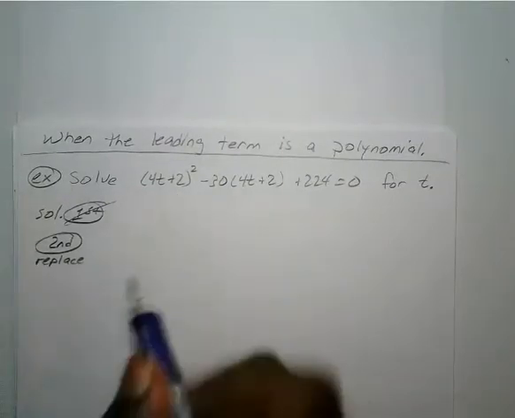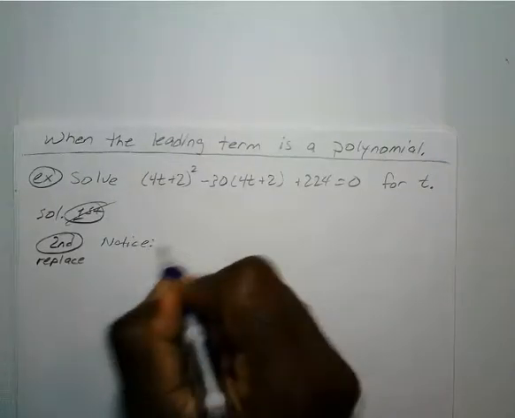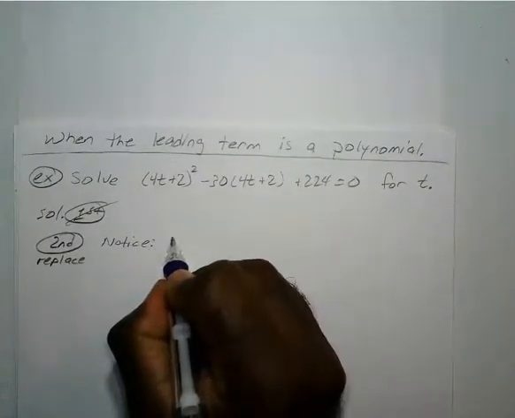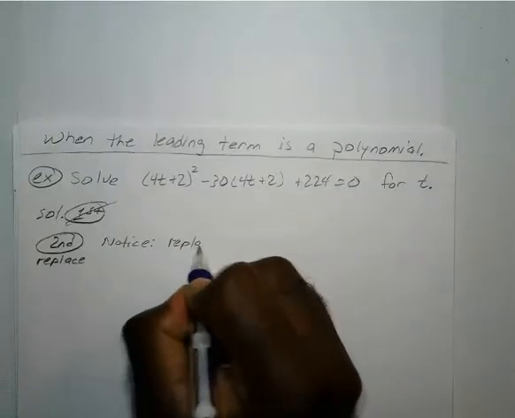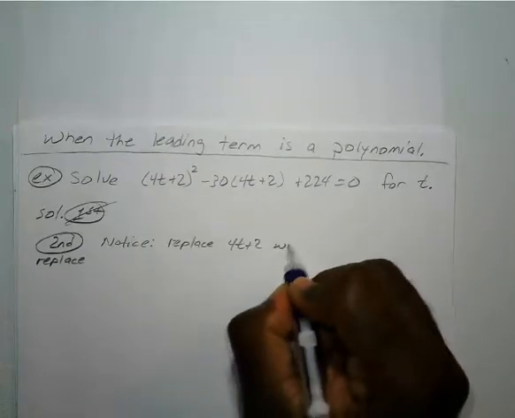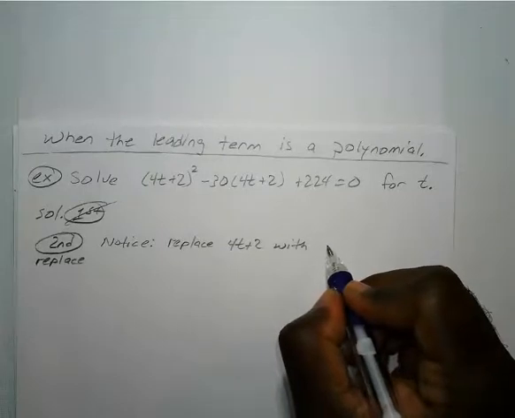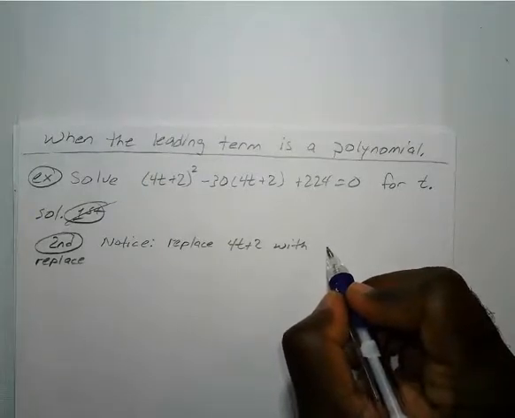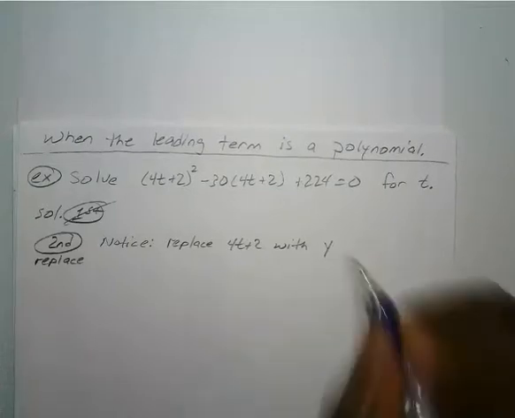On this one, you're going to notice that you can just replace 4t plus 2 with x, you can replace it with y, it doesn't matter at all. Now we'll replace it with y.